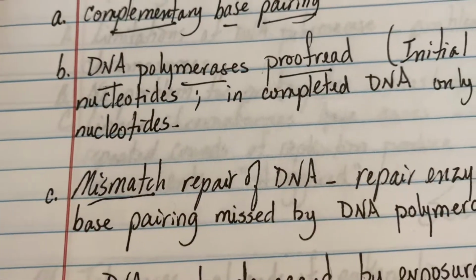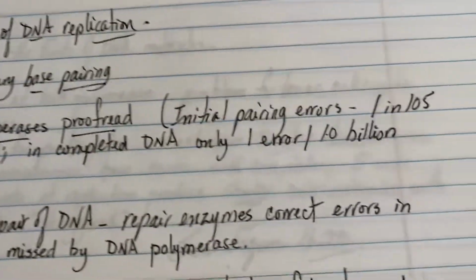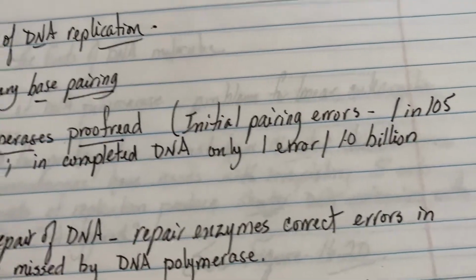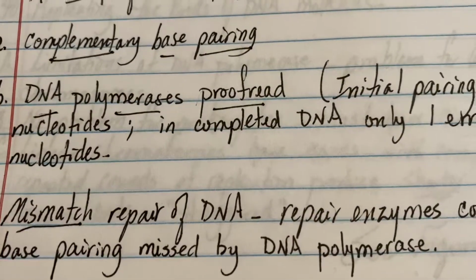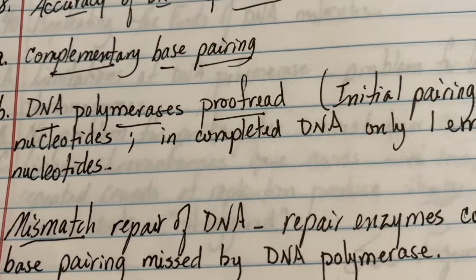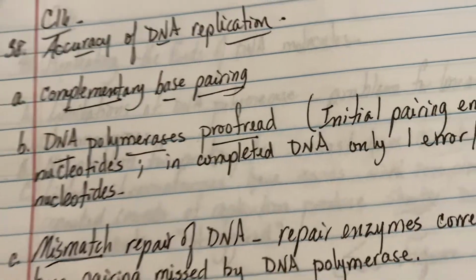Mismatch repair of DNA will occur. Repair enzymes are going to correct errors in base pairing that happen to be missed by the DNA polymerases doing the proofreading.